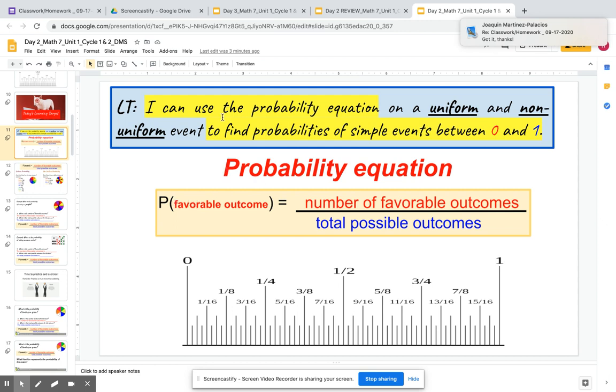So that was basically we learned how to use the probability equation to find probabilities for events that are uniform and non-uniform. And this equation gave us fractions that live between 0 and 1. And I just want to note that these fractions can be converted to decimals and also percentages.